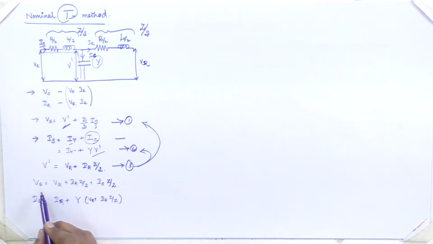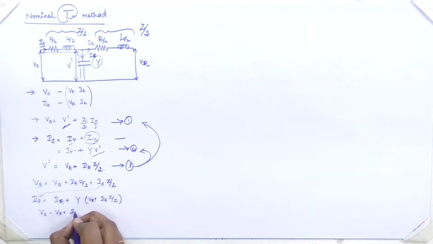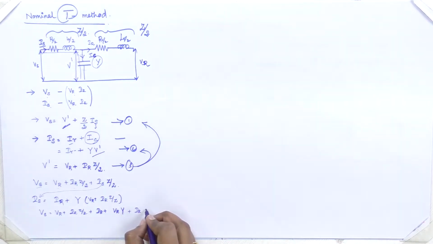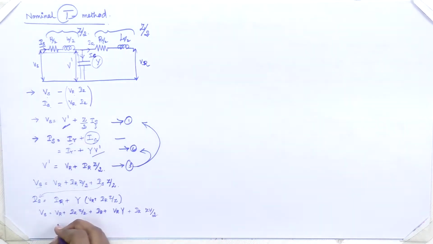So I need the equation for Vs in terms of VR and IR. So I am substituting Is. Therefore, Vs is equal to VR plus IR into Z by 2 plus IR plus VR into Y plus IR into ZY by 2. Fine.